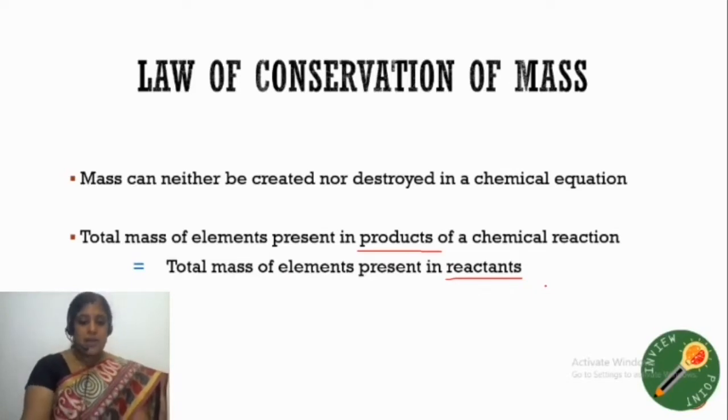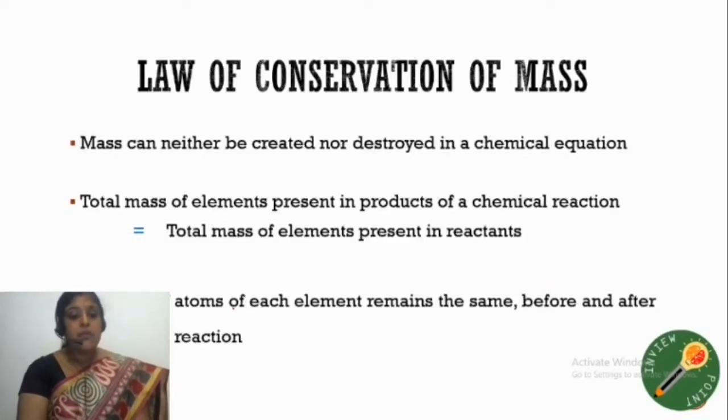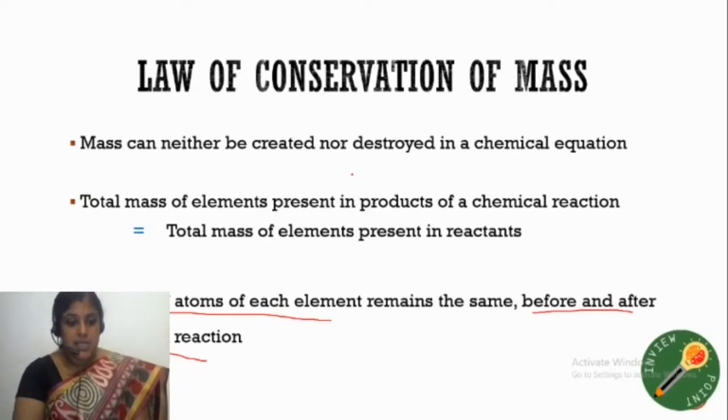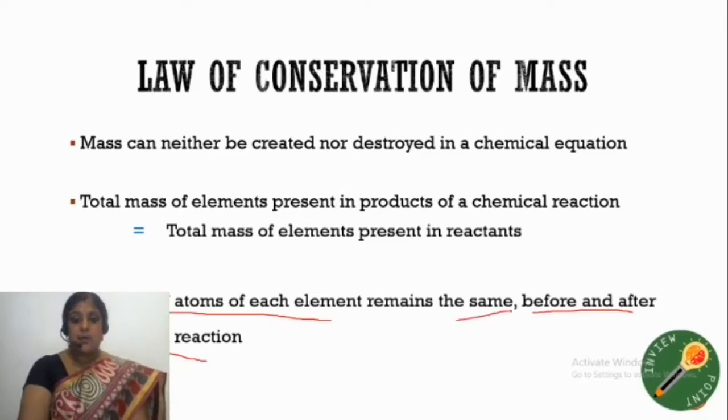Or we can say that the number of atoms of each element remains the same before and after a chemical reaction. Is that clear, students? So, by the law of conservation of mass, the number of atoms of each element remains equal before and after a chemical reaction.